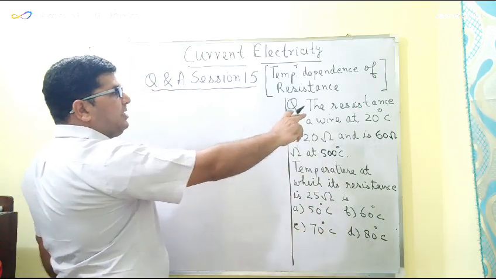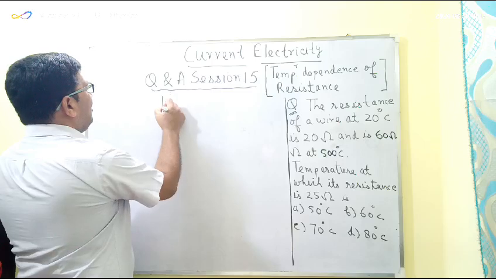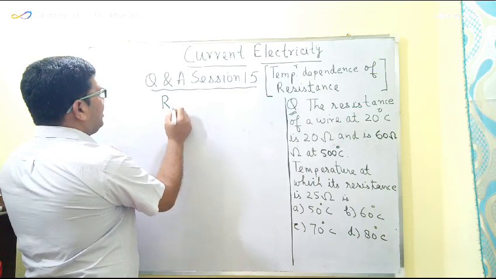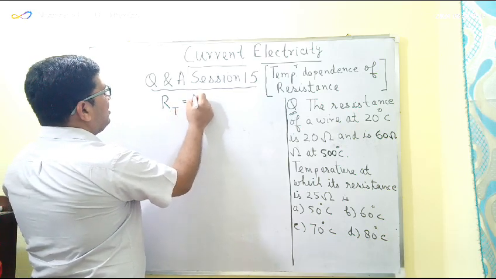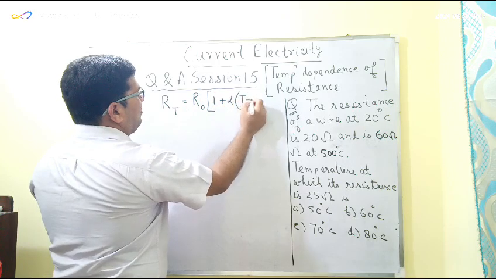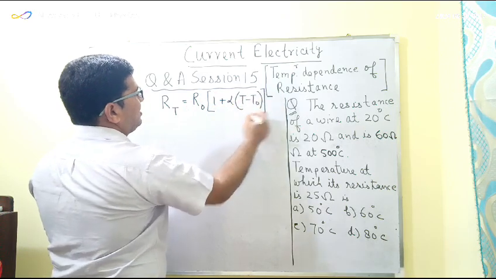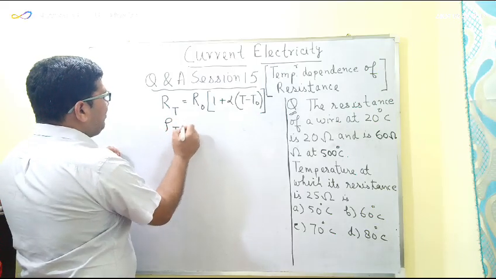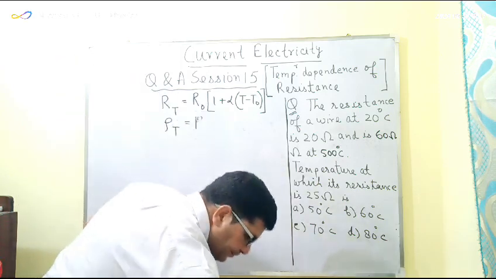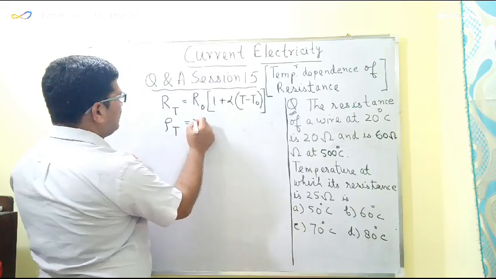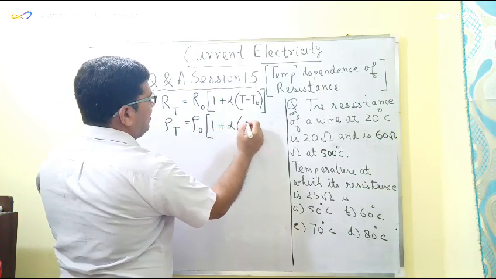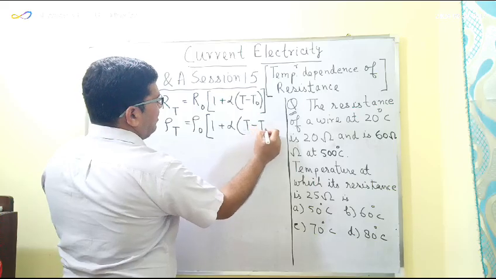The relationship between the resistance and the temperature of any material is given by R_T = R_0 (1 + alpha (T - T_0)), and the resistivity of the material is given by rho_0 (1 + alpha (T - T_0)).